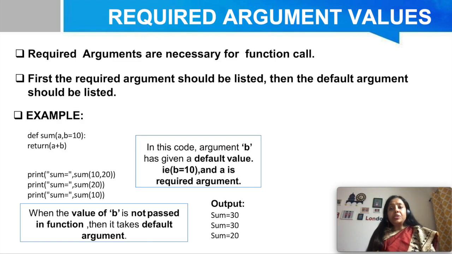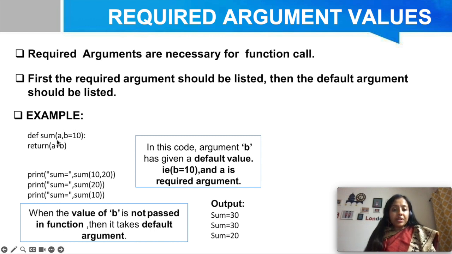First, we come to required argument values. Required argument values are necessary for any function call. First let us see the example. As we can see here, this is our function. def is the keyword, sum is the name of the function, a and b are the two arguments.